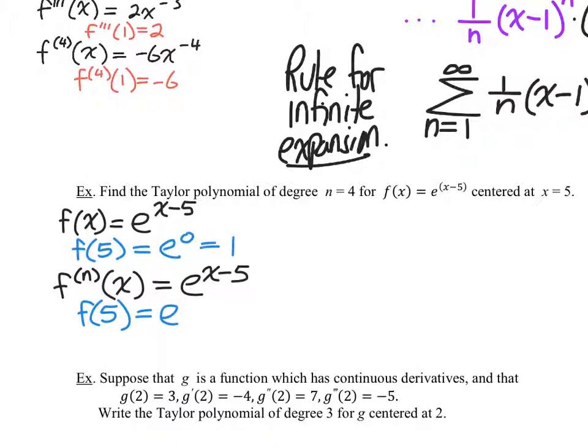In both cases. The nth derivative at 5 would be e to the 0th, which again is equal to 1. So there is kind of a method to that.